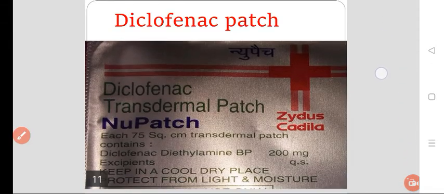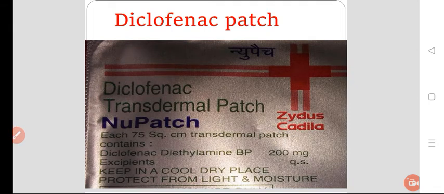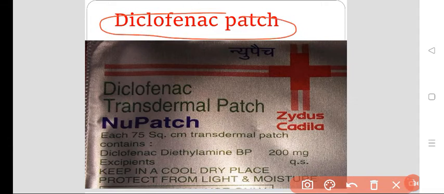Now these are examples of the most commonly used drug, diclofenac, the most commonly used non-steroidal anti-inflammatory drug, which is available as a transdermal patch, given by Zydus Cadila, a very important manufacturer of transdermal patches of diclofenac.